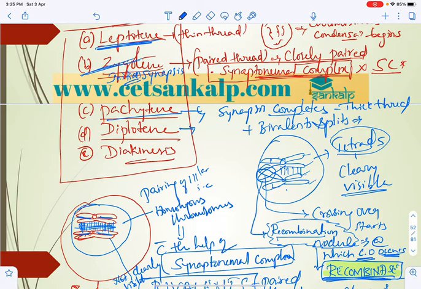Pairing, synapsis occurs, paired thread, and here is a thick thread because of the crossing over. In diplotene, generally 2 threads will be clearly visible, right? And the synaptonemal complex in this condition is going to start to dissolve.